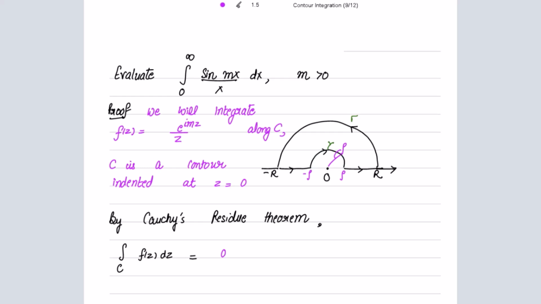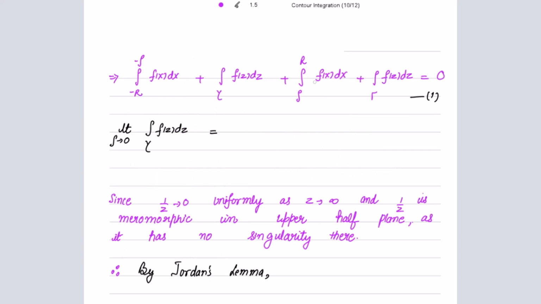Then from rho to R, f(x) dx, and along tau again f(z) dz. This complete integration is equal to 0. These two I will merge together later.